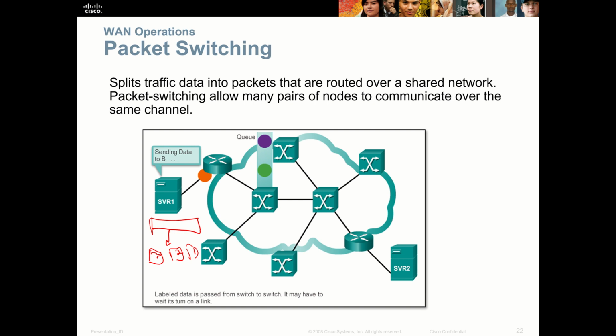But for example, I'll create another link here. Okay, so packet 1 might use this path, packet 2 may go through this path, and packet 3 may go through this path.